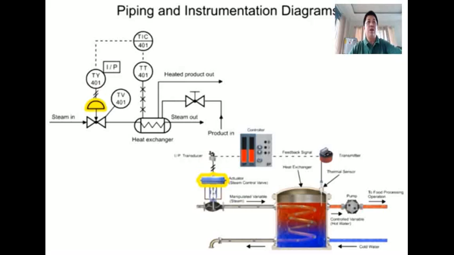So in the diagram, that is your actuator. So it pushes the linkage or the rod into the valve inside, so the flap. So it opens or closes the valve using your actuator, which is your steam control valve.